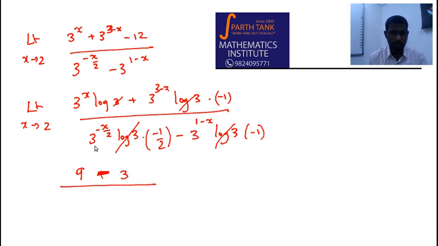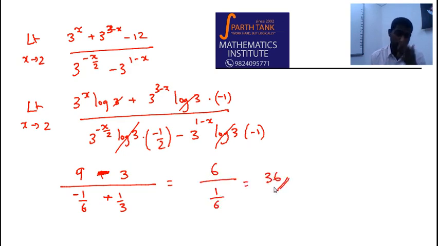Below it becomes 3 raised to minus 1, so 1 by 3 into minus 1 by 2, so minus 1 by 6, and finally I have here 3 raised to minus 1 is 1 by 3, so it becomes plus 1 by 3. So this is 6 by 1 by 6, which is 36. So this also yields the same, but be careful about the differentiation of 3 to the power x terms.